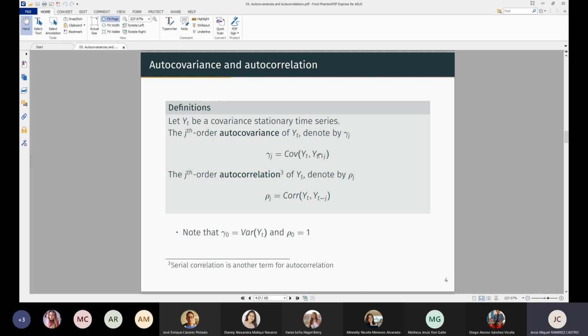So if J is 0, then you have the variance. And the 0 order of autocorrelation will be 1, because it will be the correlation between Yt and Yt. That's the maximum autocorrelation you can get from any random variable, 1. Okay, that's rho 0. That's gamma 0.